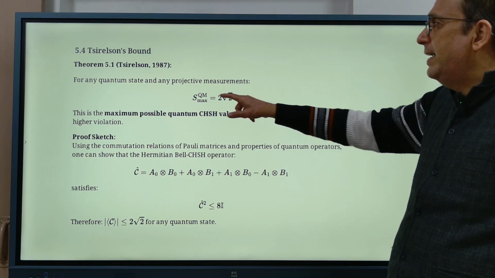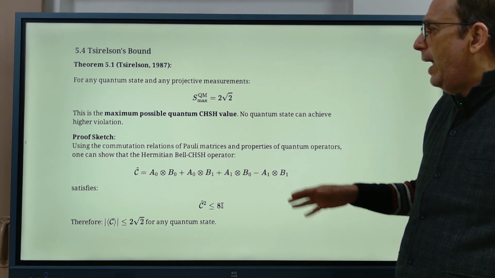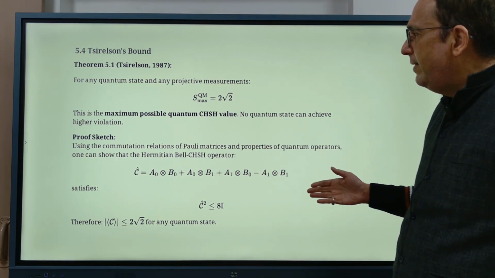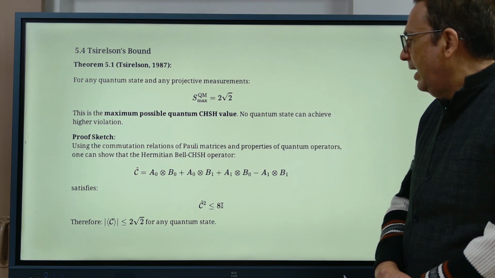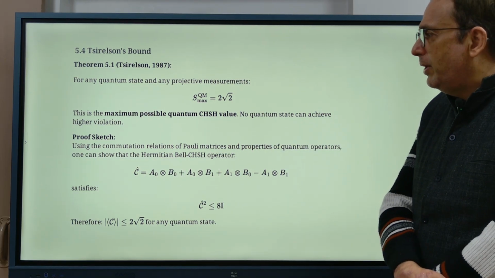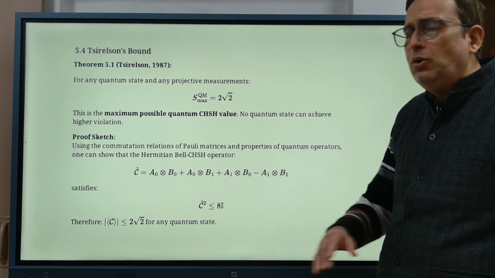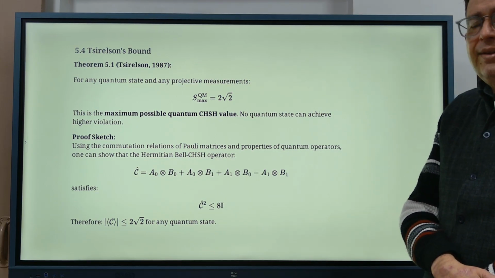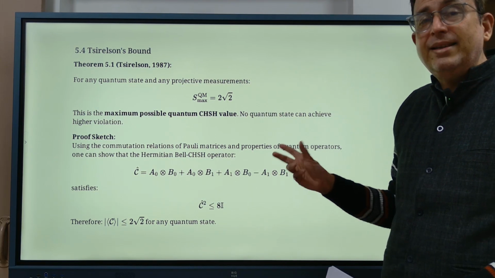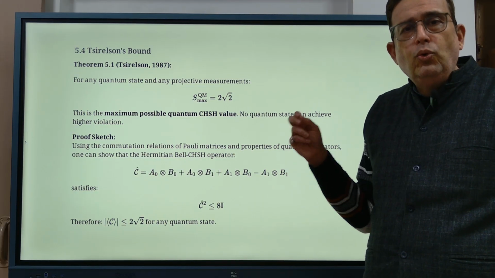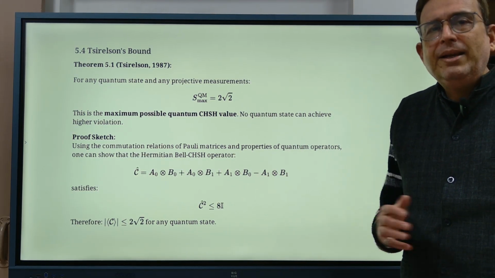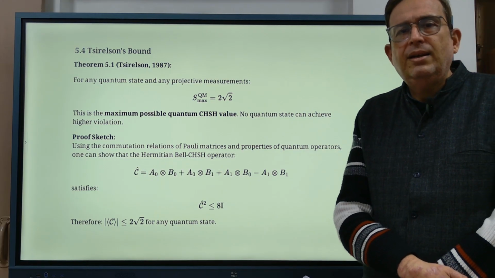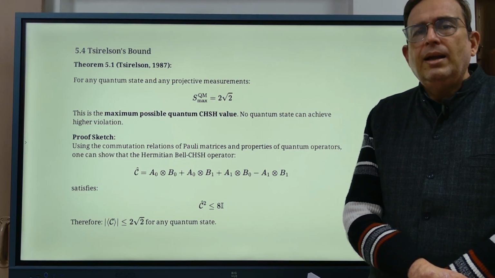He gave a proof of this using the commutation properties of the Pauli matrices and the properties of the quantum operators. From there, he was able to prove in 1987 that the maximum value of S is 2 root 2, which is greater than 2. So, one way or the other, the CHSH inequalities are violated.